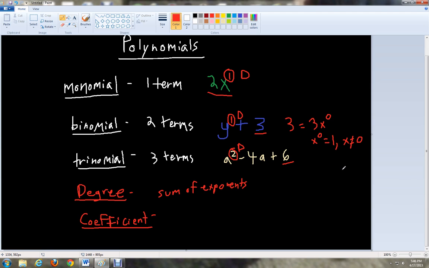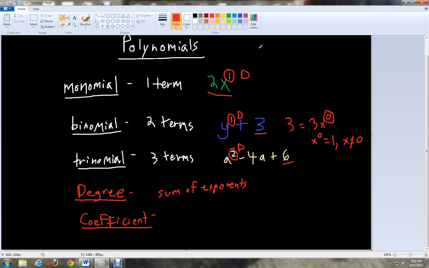So positive or negative values of x to the 0 power is 1, as long as x is not equal to 0. So 3 times x to the 0 is 3 times 1, which is 3. So we can reason that's why the degree of a constant term is always 0. And it makes sense, because there's no variable, so there's 0 degree.